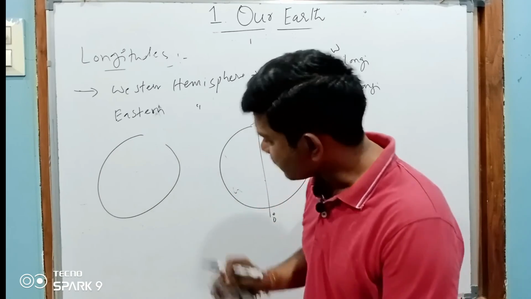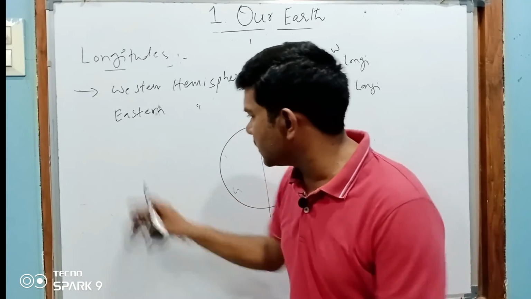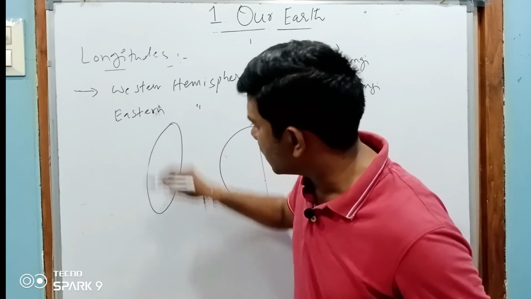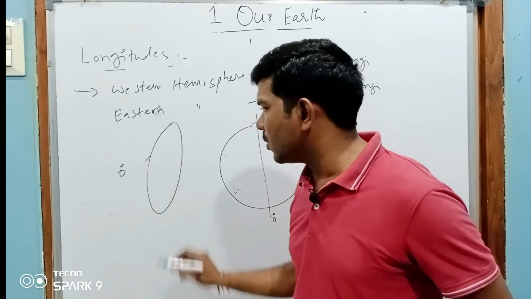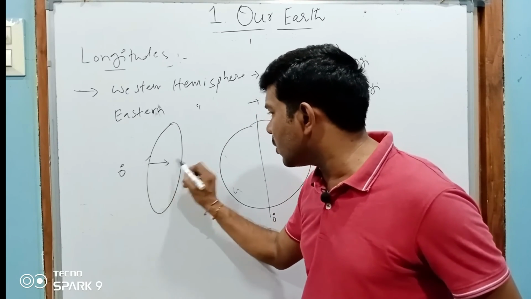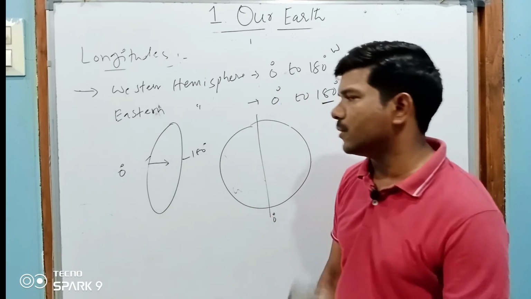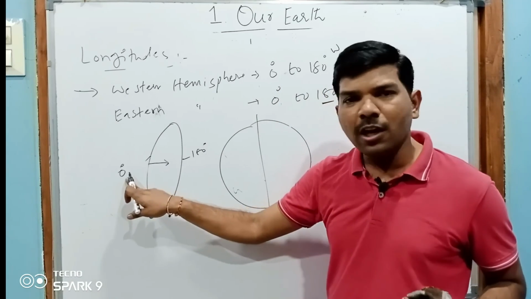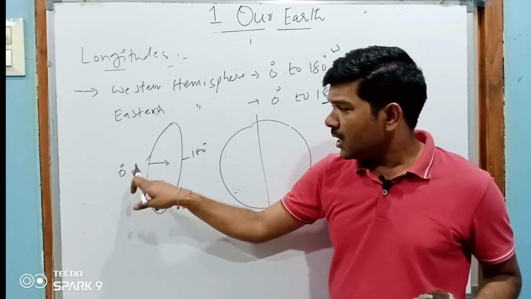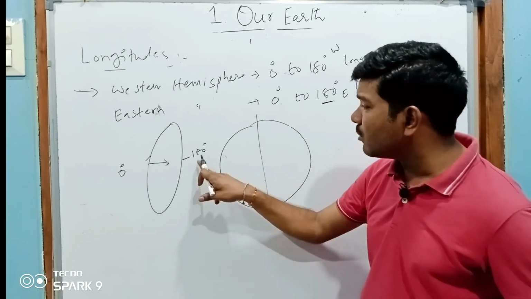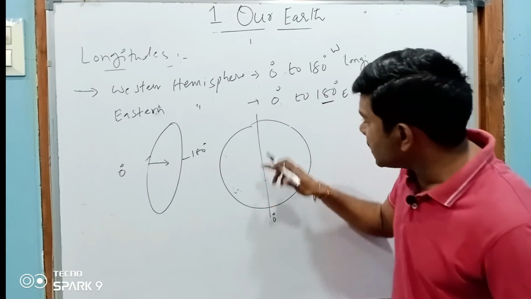For example, this is a circle, and this is 0 degree longitude, which we called the prime meridian. ఈ ప్రైమ్ మెరిడియన్కి క్వైట్ ఆపోజిట్లో ఏముంది, 180 degree.